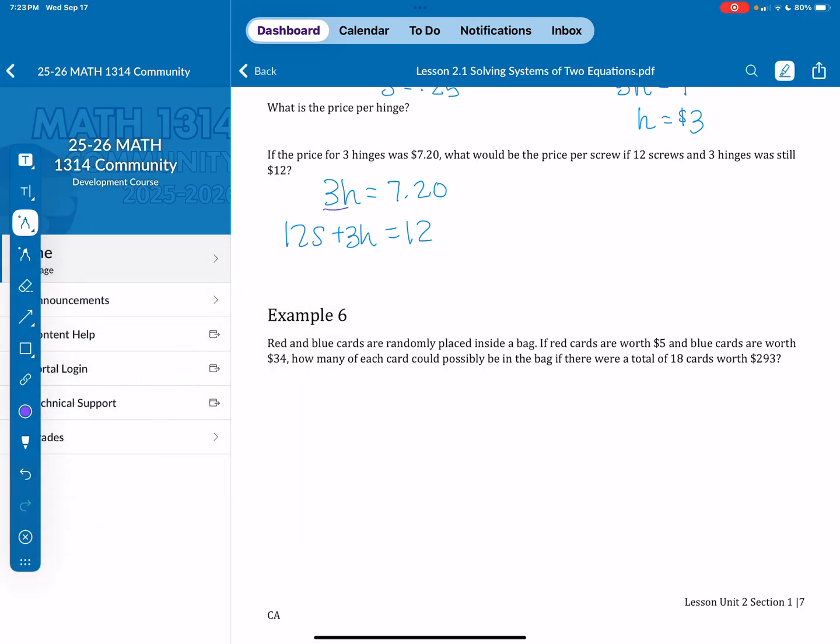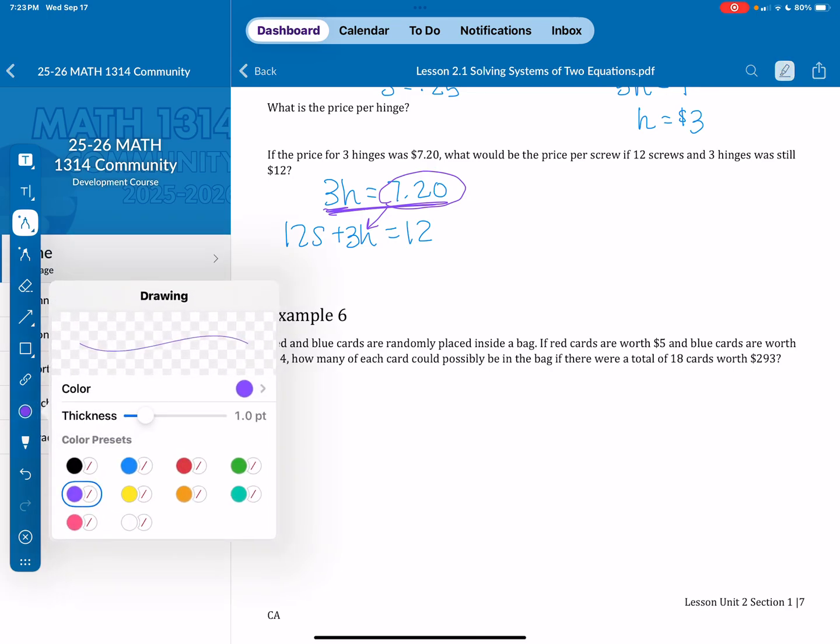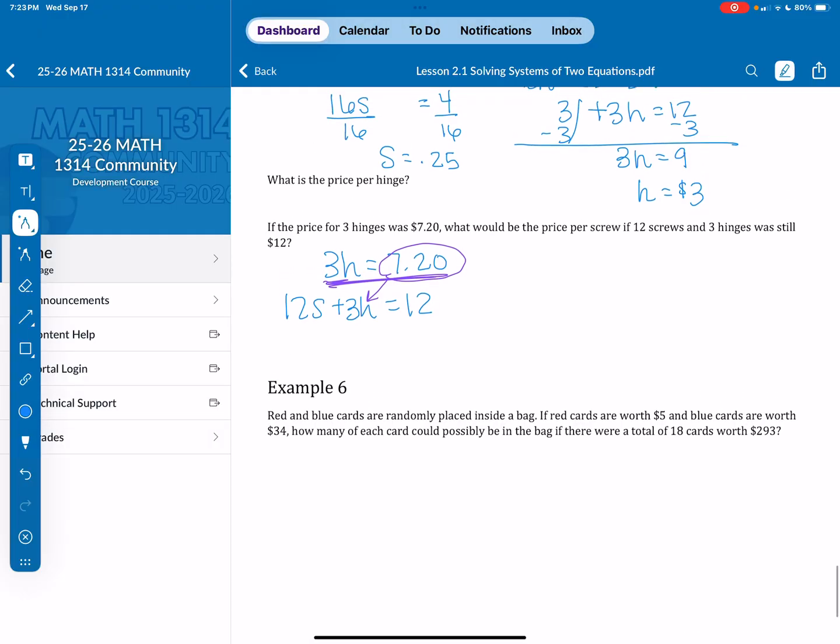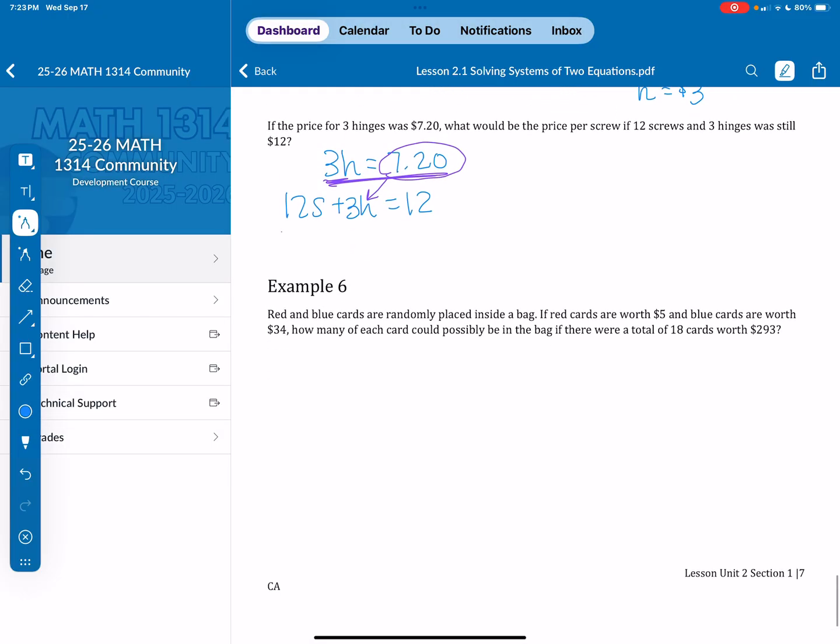Because we have 3H equals this here, I can plug 7.20 in for 3H. So I would say 12S plus 7.20 equals 12.